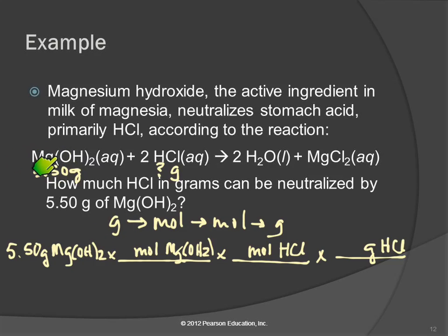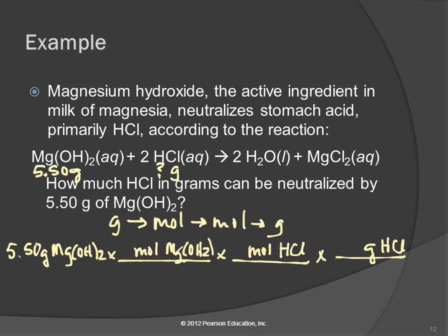But this is what we're starting with: grams to moles of this, to moles of that, to grams of that. And so that's all written out here. Do not leave those out of this equation here. If you don't write down grams to moles to grams, you may be just fine. This part down here, you should write down every single time, no matter how good you get at this. I still write it down. Okay, I could do it without, but sometimes it just turns out badly. Okay, so just do it.